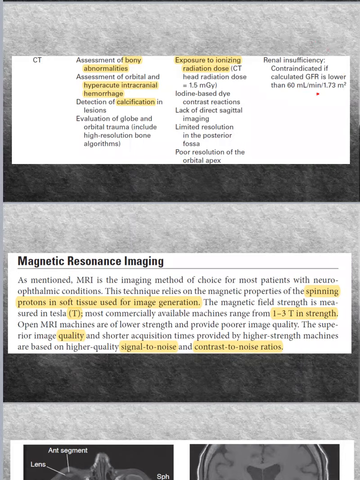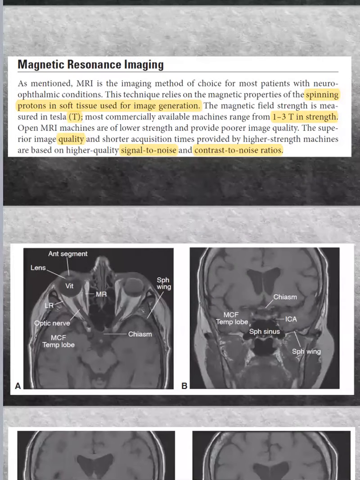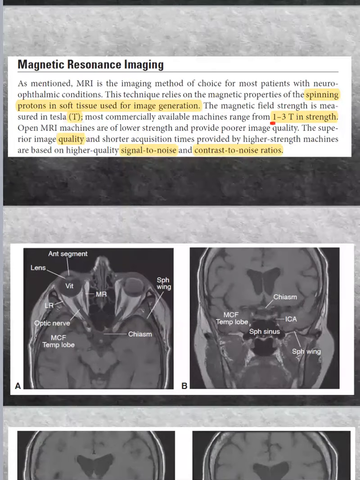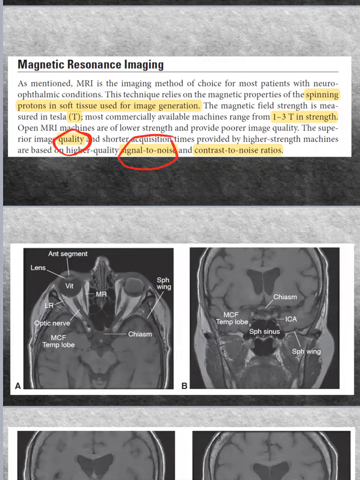How about the MRI? What do you think of this? By the way, this is the gold standard for patients with a neuro-ophthalmic disease. The MRI is the gold standard. The strength of the magnetic field is measured in Tesla, from 1 to 3 Tesla. Here, the image quality depends on 2 factors: the signal to noise ratio and the contrast to noise ratio.